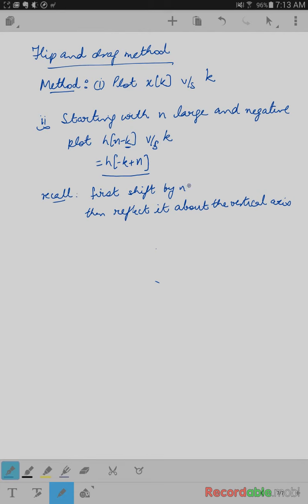And remember, when you're shifting by n, if n is less than 0, that corresponds to a right shift, a delay. If n is greater than 0, it corresponds to a left shift.